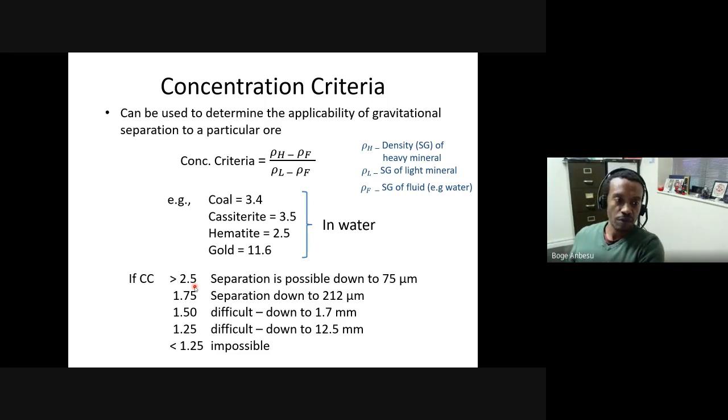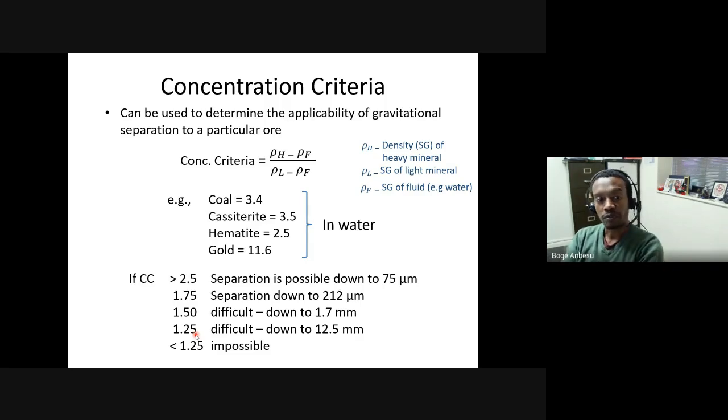But if the concentration criteria is low, somewhere around 1.25, it tells you that on density alone, separation might be a bit difficult. And also, as the concentration criteria decreases to somewhere around 1.5 or below, it says you can only work with coarse particles to be able to separate one from the other. Okay, so as particles get finer and finer, separation becomes very difficult.